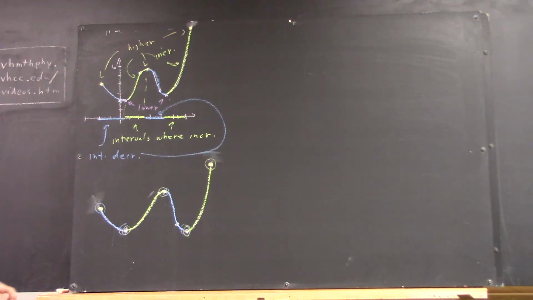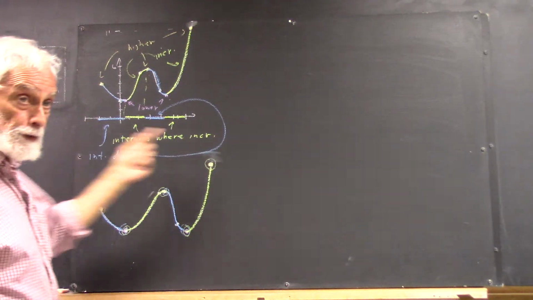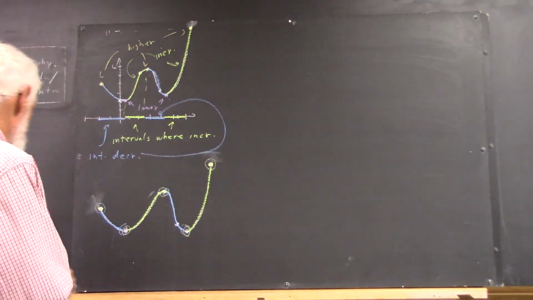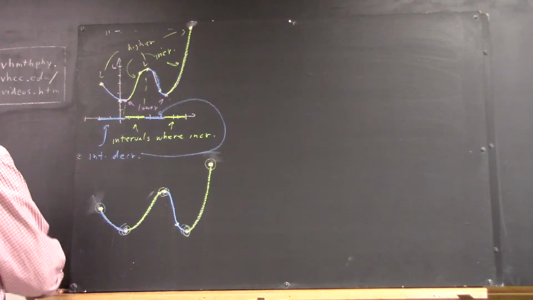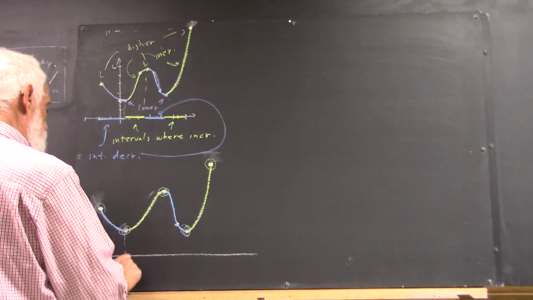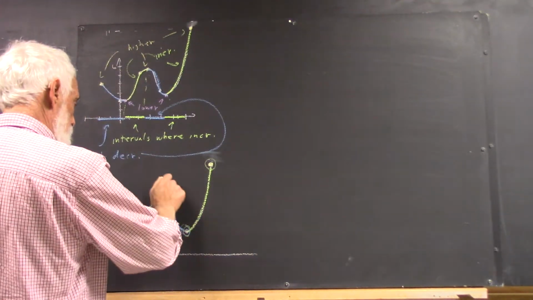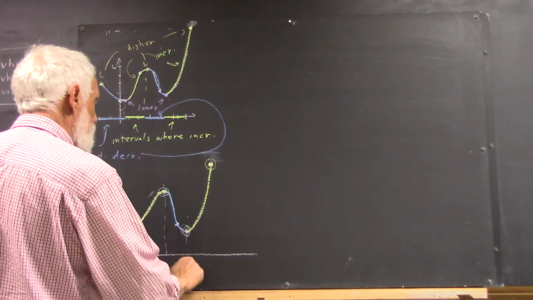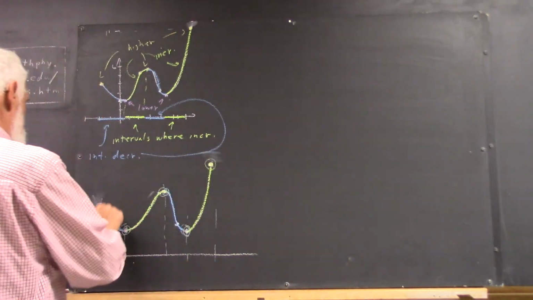Now, we wanted to put the intervals on the x-axis where it's increasing and where it's decreasing. Well, if our x-axis is down here, there's a point on the x-axis where the thing hits the minimum. Here's a point where it hits the maximum, minimum, maximum.